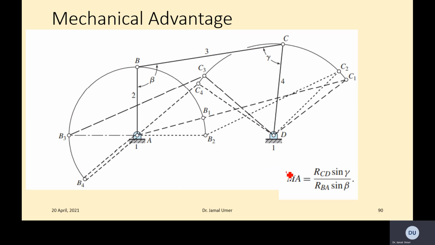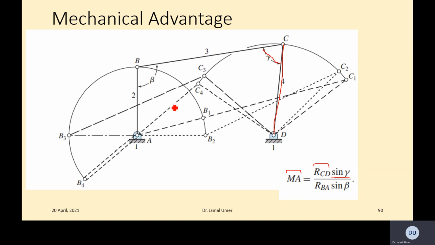Here the mechanical advantage is basically the radius of CD, the follower, times the sine of gamma. Why are we calling it a radius? Because it has to make a complete revolution, so it is called RCD.